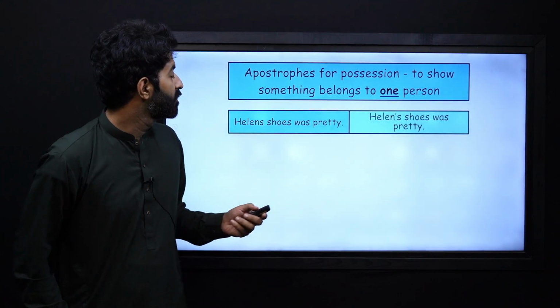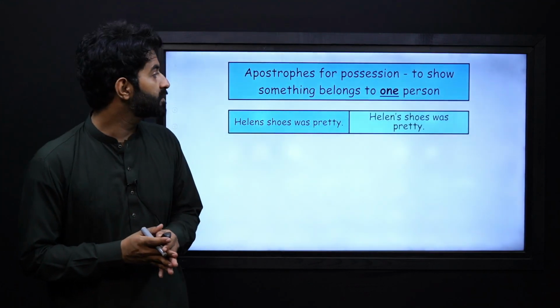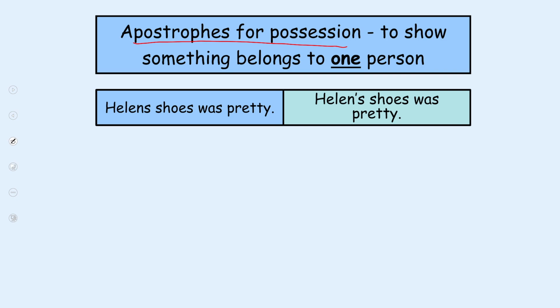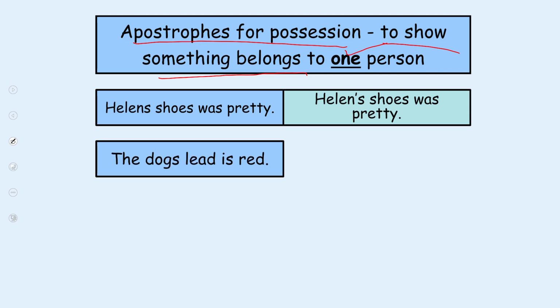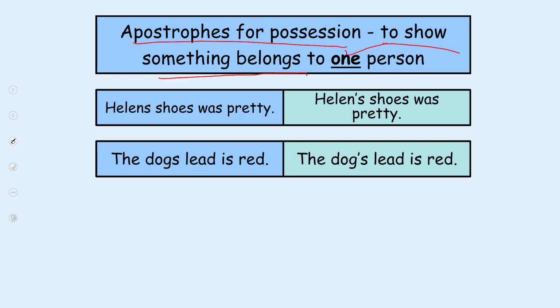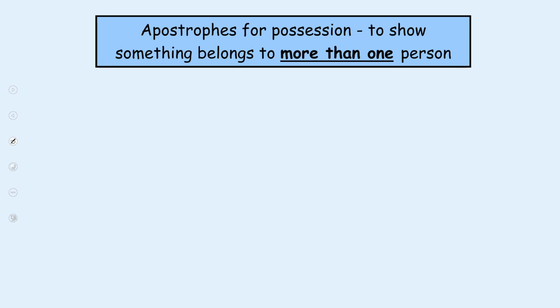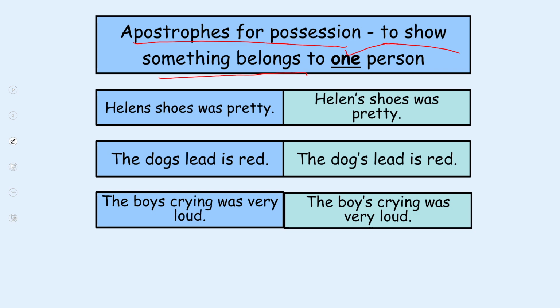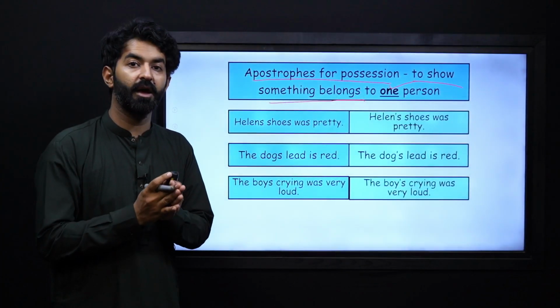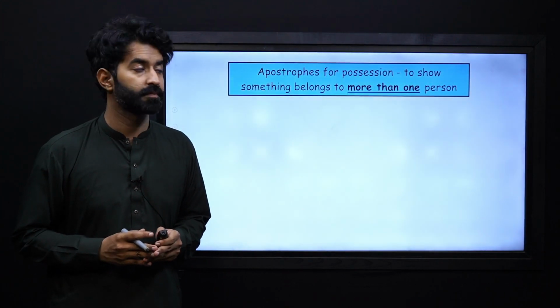Now we have some examples. Apostrophes for possession are used to show something belongs to one person. Helen's shoes were pretty. Now we have some more examples where you can see them before the apostrophe and then after using the apostrophe.